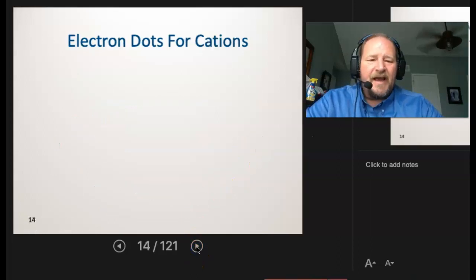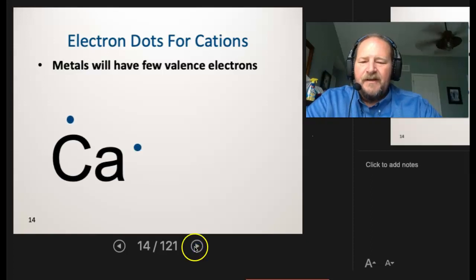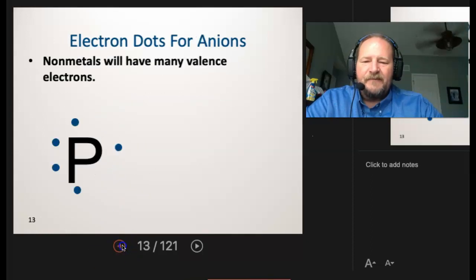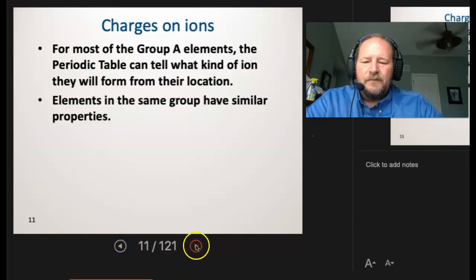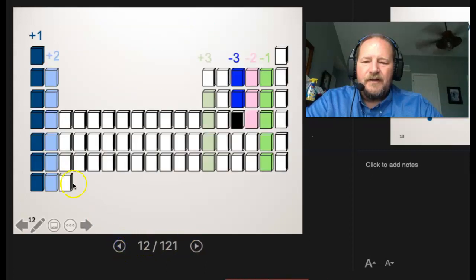Now, what about cations? Metals typically have fewer electrons, which means you don't have all of your electrons there. So let's take a look at calcium. Calcium is a group 2A, so it has 2 valence electrons, 1, 2. If we flip back to that periodic table, there we go.